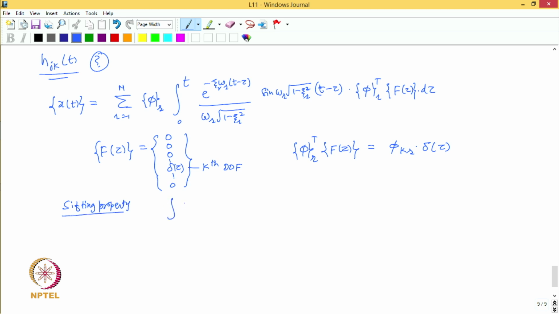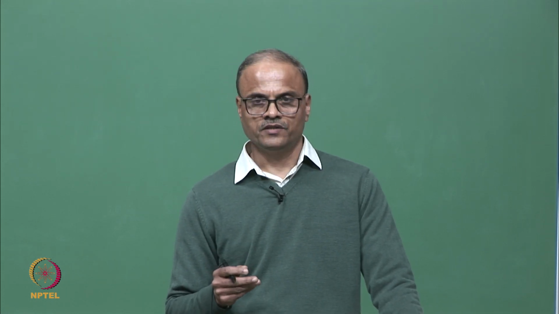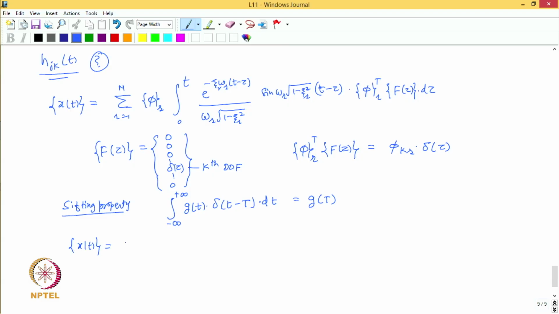It says that if I have any function g(t), and we look at the integral of g(t) delta(t minus T) dt from minus infinity to plus infinity, then this basically gives the value of g at t equal to capital T. This integral picks the value of the function g at the location where the delta function is acting, that is t equal to capital T. If we use this property in the expression we have, then the result would be summation r equal to 1 to n, phi r.